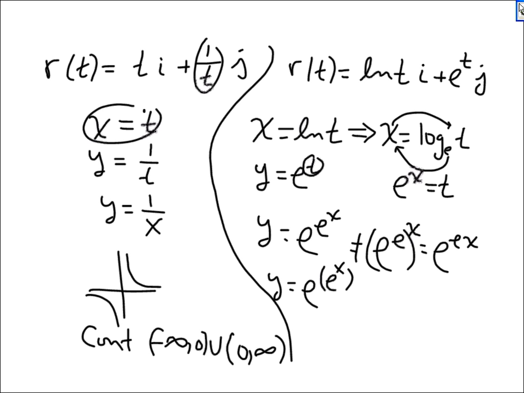Now, the question might be, where is this continuous? It looks to me as if e raised to the e to the x is continuous everywhere. But we know that there's a problem when t is less than 0. t cannot be less than 0. Is that going to create a problem?